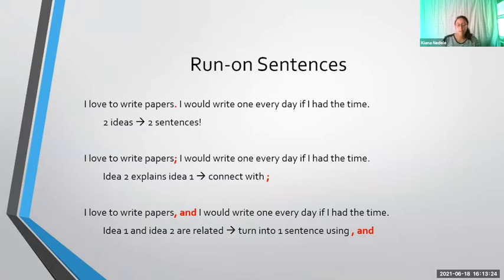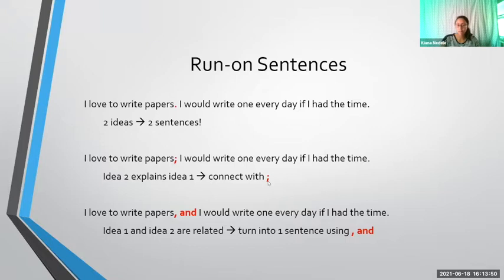Now, sometimes you want to put these ideas together because maybe your second sentence, your second idea, helps explain idea one. Like, I love to write papers, but how much do you love it? What's an example? If you have this connection with explaining idea one, then you can connect these sentences with this symbol.